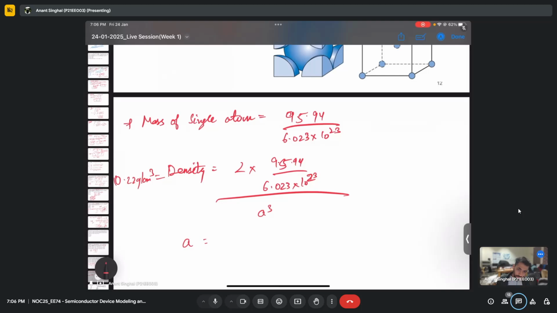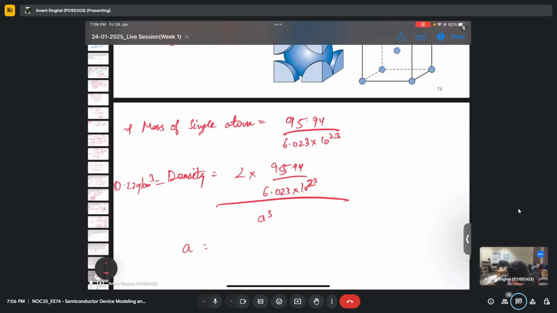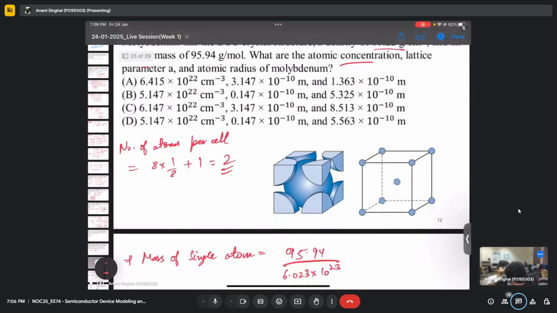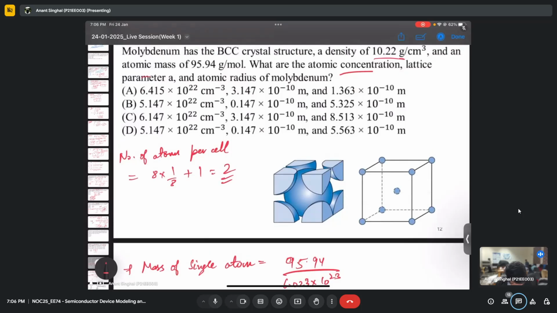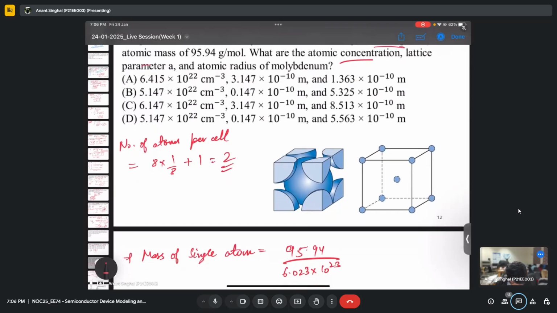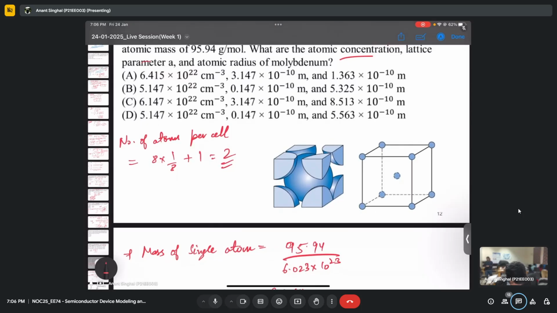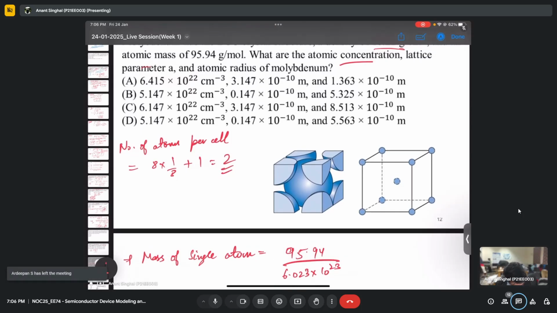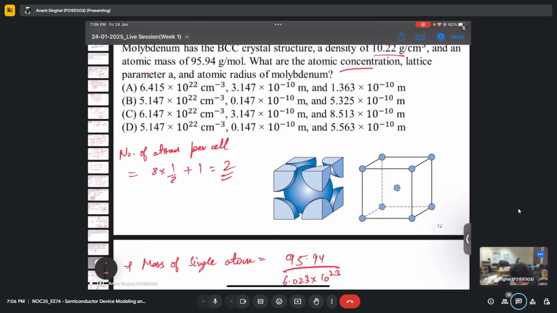Has anyone done it? A is 3.147 into 10 to the power minus 10 meter.